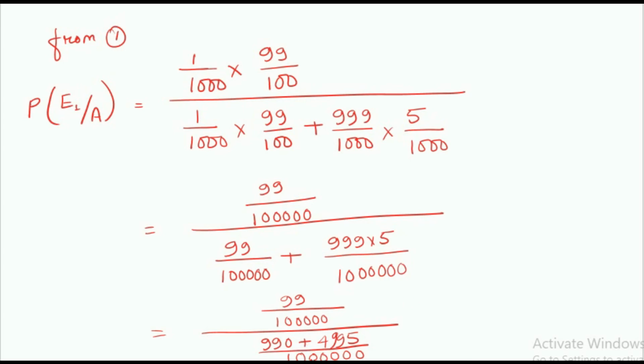From here I will cancel 5 zeros, from here I will cancel 5 zeros, and this 0 will go up and it will be 990. 990 by 5, and 9, 18 carry 1 and 18, 5985. So you can put the answer here. That is how you will find your answer.